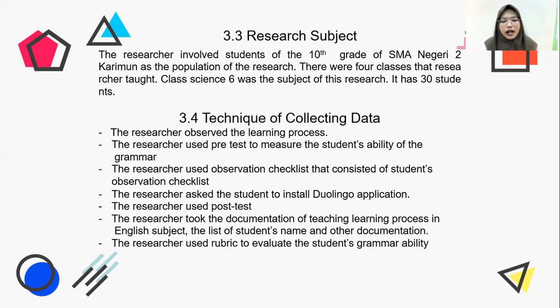The researcher asked the students to install the Duolingo application. And next, the researcher used post-tests. After the post-tests, the researcher took the documentation of the teaching learning process in the English subject, the list of students' names and other documentation. And the last, the researcher used a rubric to evaluate the students' grammar ability.